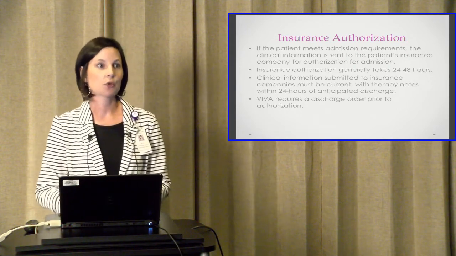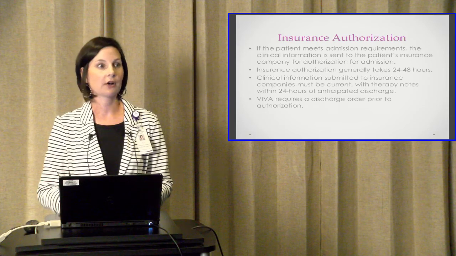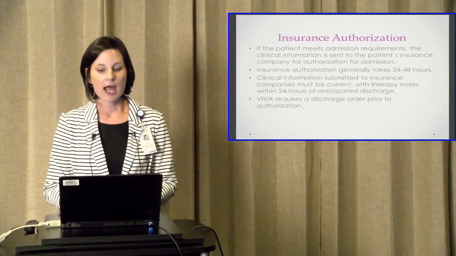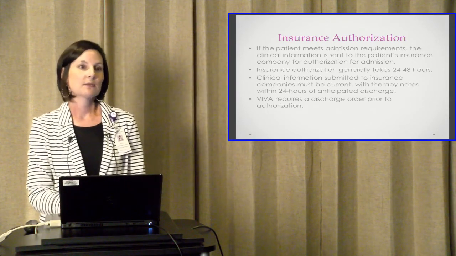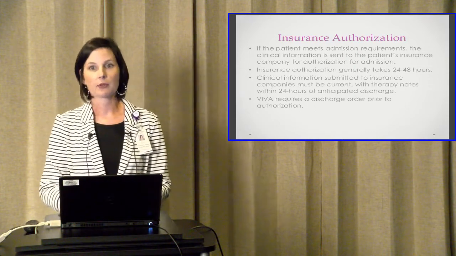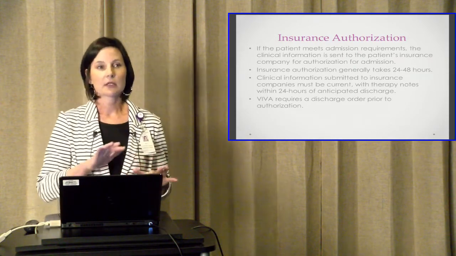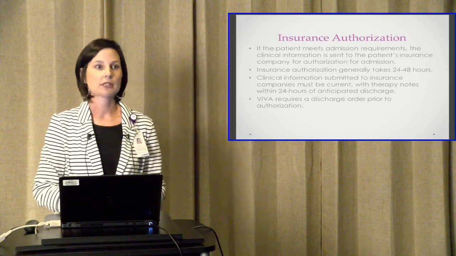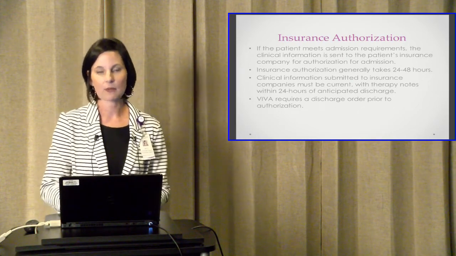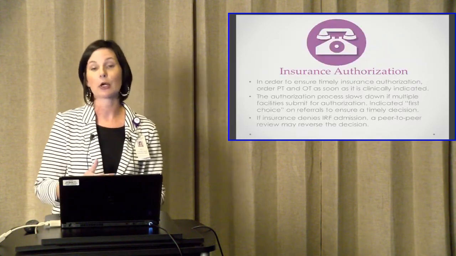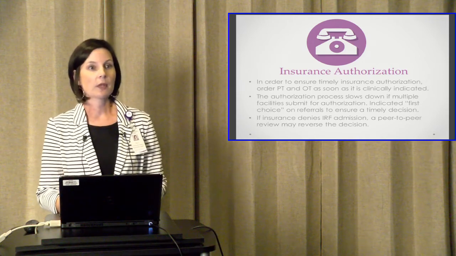We need a discharge order on the chart before they'll consider authorizing for inpatient rehab. Also, therapy notes need to be current within the last 24 hours or so. We have just a little bit of wiggle room with that depending on the insurance company. But that's one reason that we like to get PT and OT started early, as soon as possible.